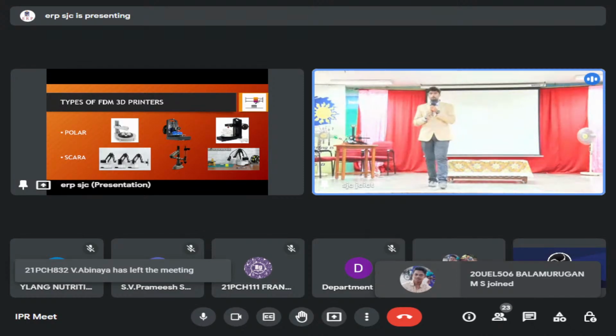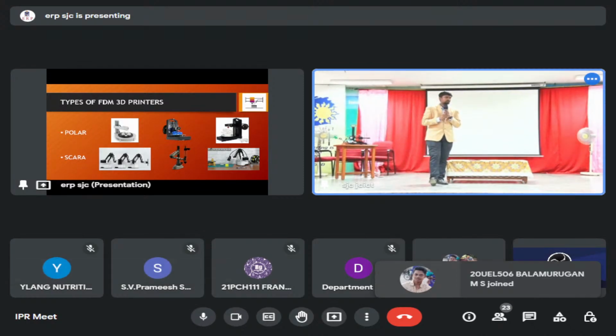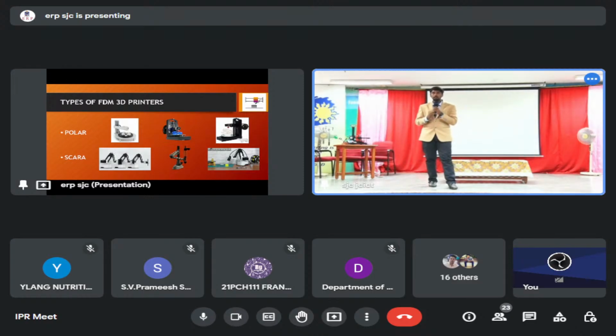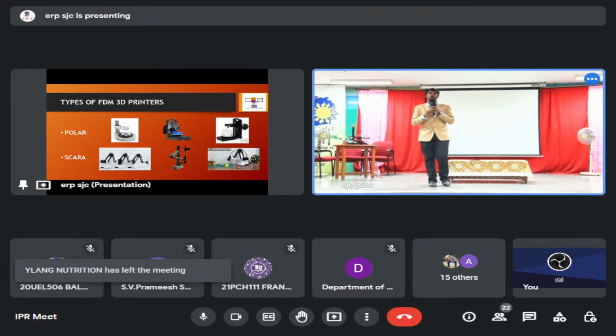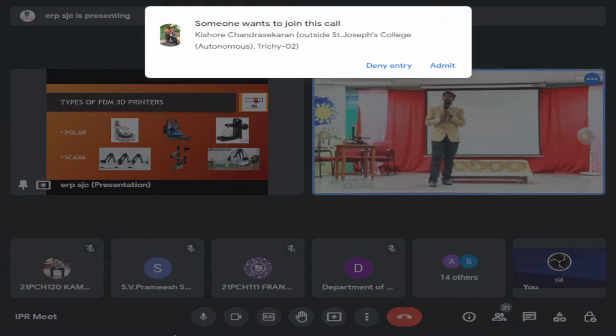இந்த polar type of 3D printers யூஸ் பண்றது depending on the application.